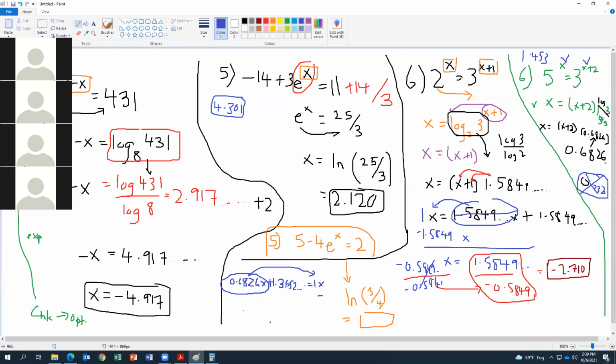So what is 1 minus this? 0.3174. 0.3174x. Yep. And then you divide both sides by him, right? Okay, calculators, anyone? Did you get 4.301? Yep.